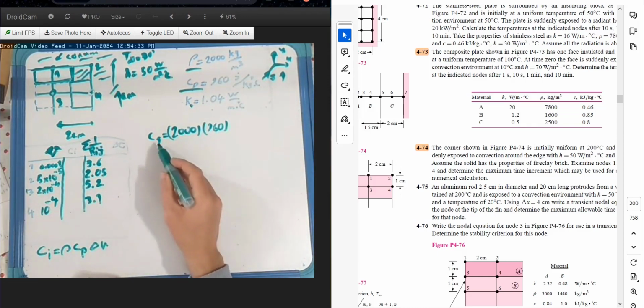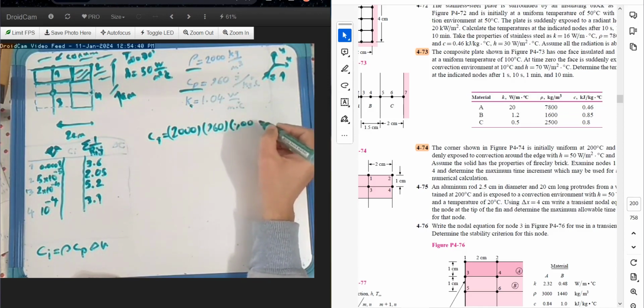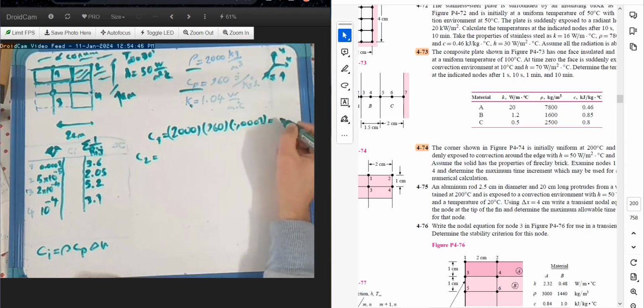And delta V, what is delta V for 1? It is 0.001. The answer for 1 will be 192.